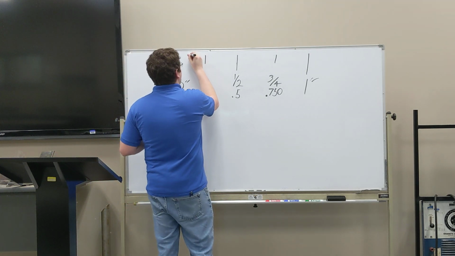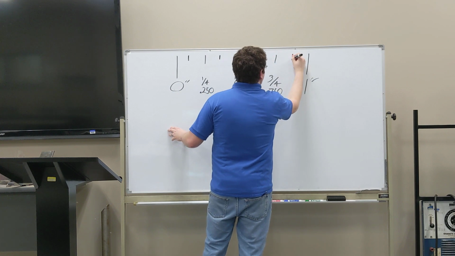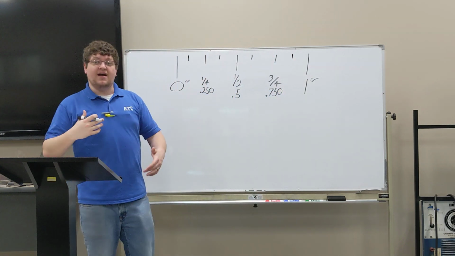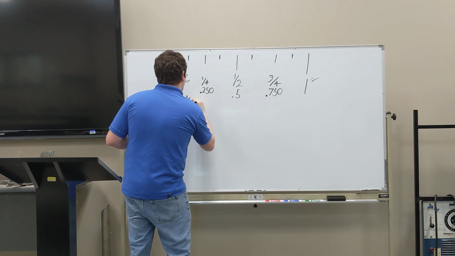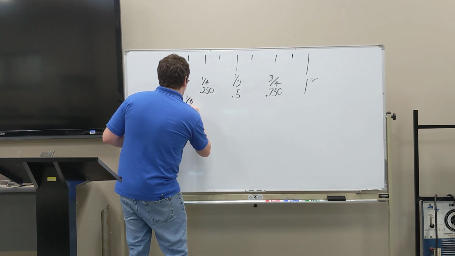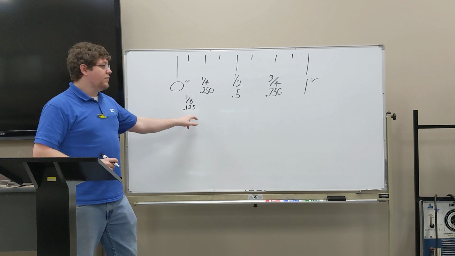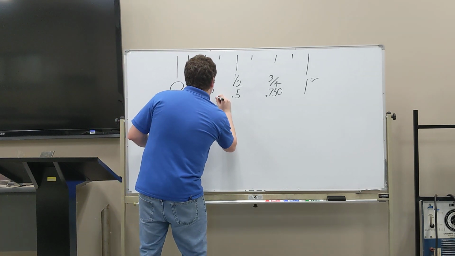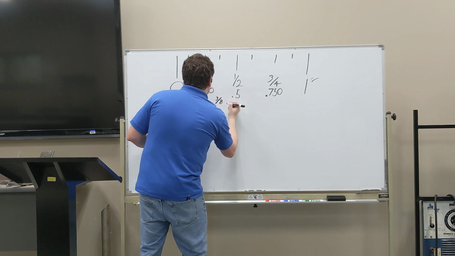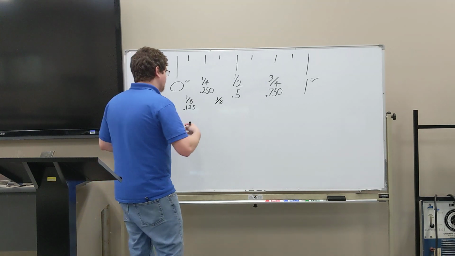So they'll come right in between. And an eighth is a half of a quarter. So 0, 1/8, 1/4. Then we go to 3/8. 3/8 is just 1/8 and 1/4 added together.